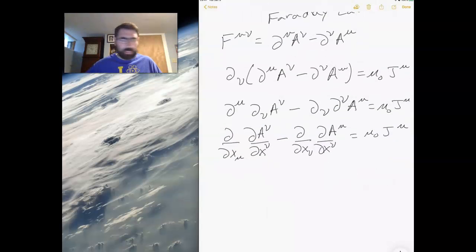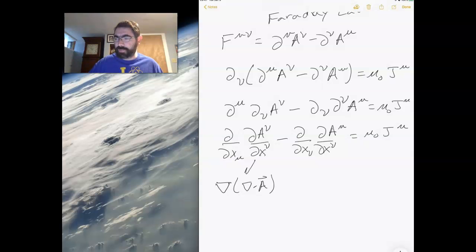And if you were to write this out in terms of dot products and curls, this one would be the gradient of the divergence of A, so that's this first term, minus the dot product of the two dels, is equal to mu 0 j.